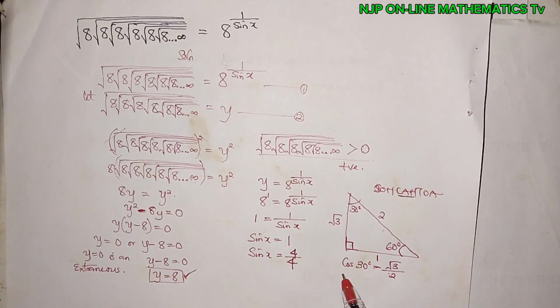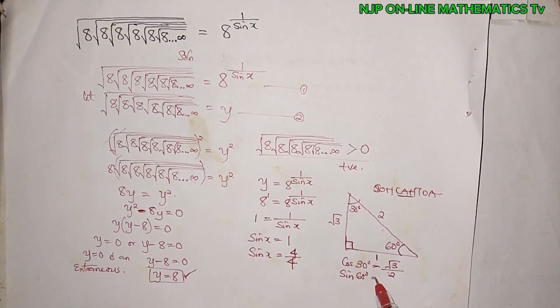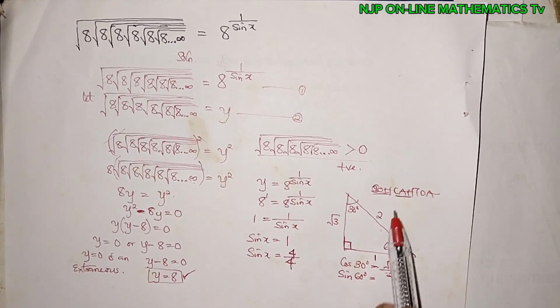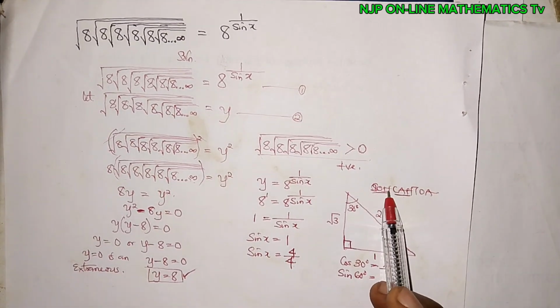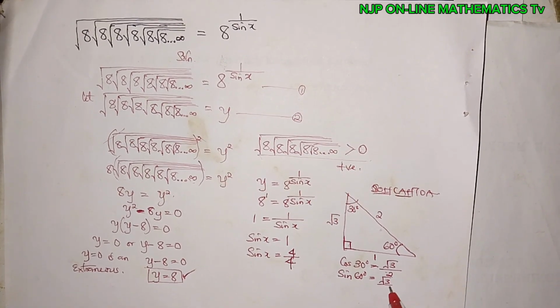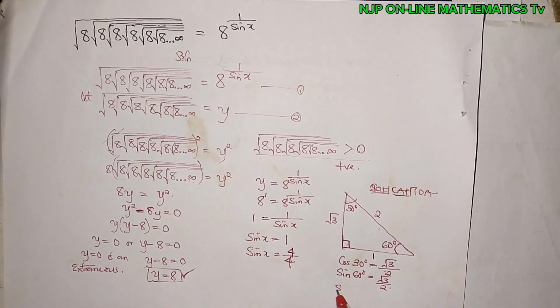Sine 60 degrees is opposite over hypotenuse, which is root 3 divided by 2.